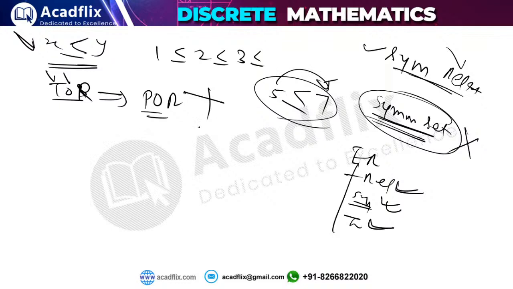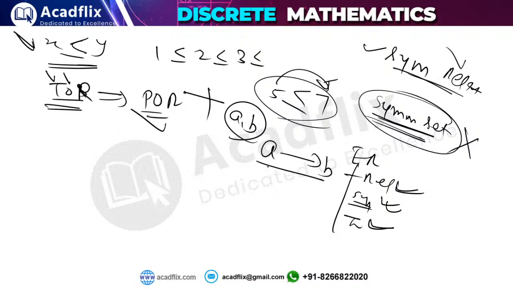Whenever you check for total order relation, first check whether it is a partial order relation or not. Then every two elements must be related, meaning if you have two different elements a, b, then a is related to b.